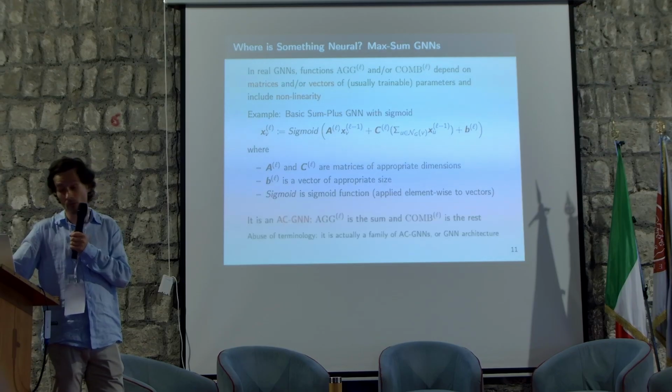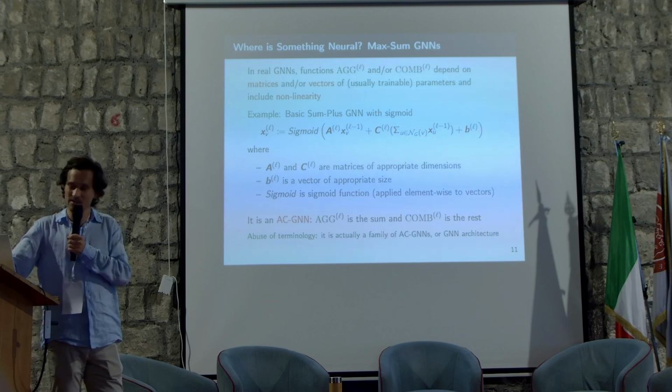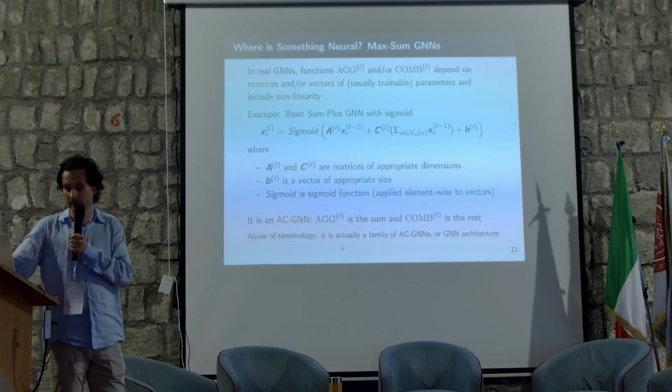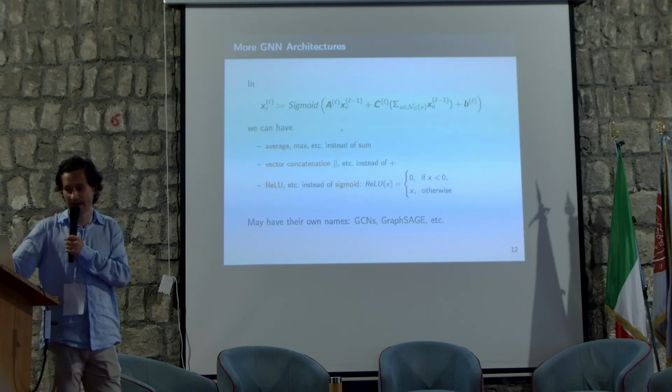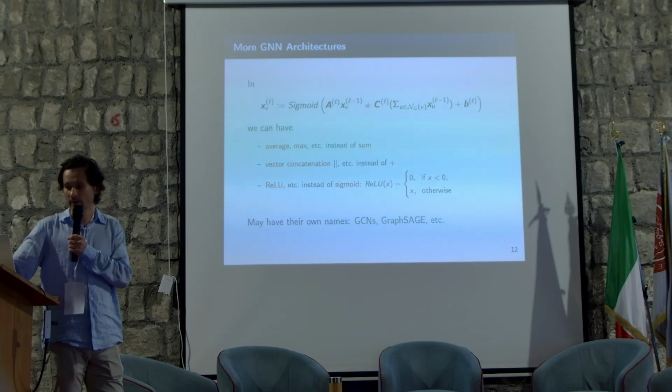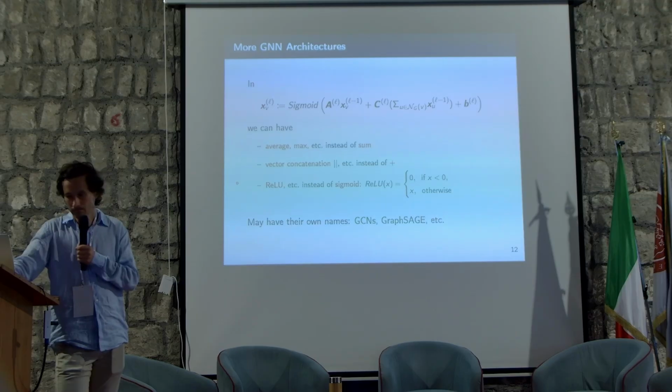All right? This is the model I will look at today, but we can have many other variants of this. Instead of sum, we can have maybe average or max or something else. Instead of this linear combination, we can have some concatenation maybe somewhere here, and instead of sigmoid, we can have ReLU, whatever we want.